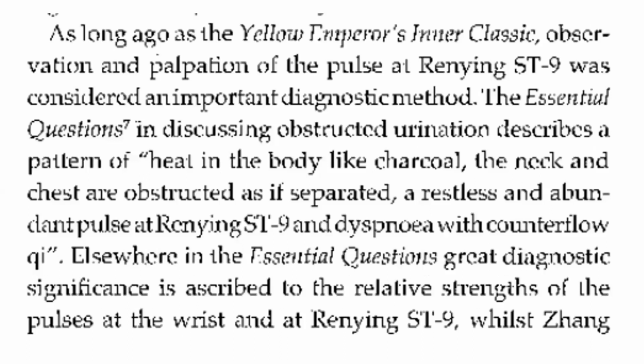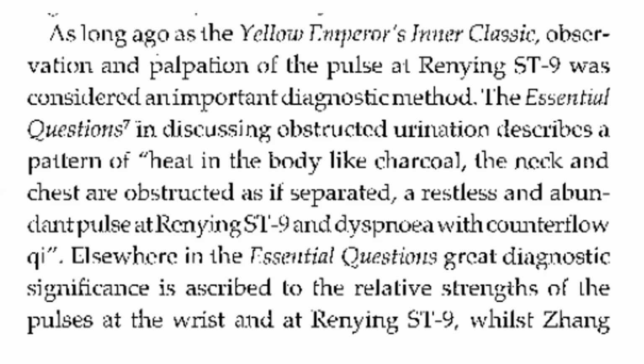As long ago as the Yellow Emperor's Inner Classic, observation and palpation of the pulse at stomach 9 was considered an important diagnostic method. The Essential Questions, in discussing obstructed urination, describes a pattern of heat in the body like charcoal.